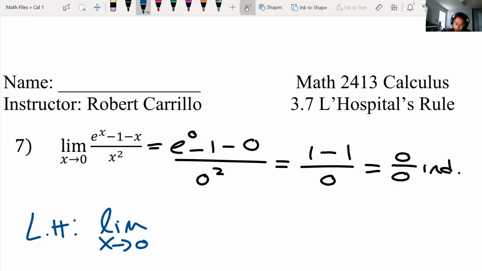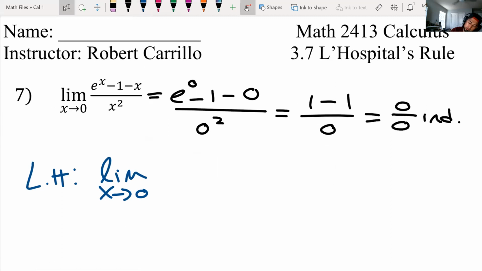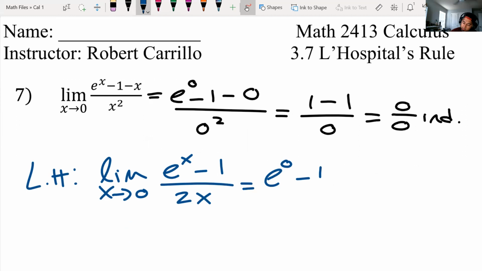What is the derivative of the numerator? E to the x minus 1. 1. Good. Over 2x. If you plug in 0, you get e to the 0th minus 1 over 2 times 0, which is again 0 over 0.